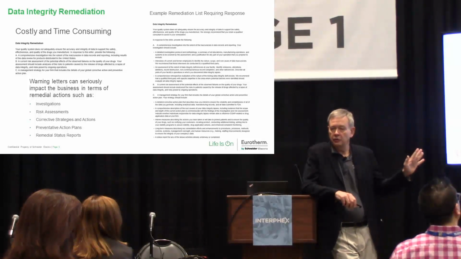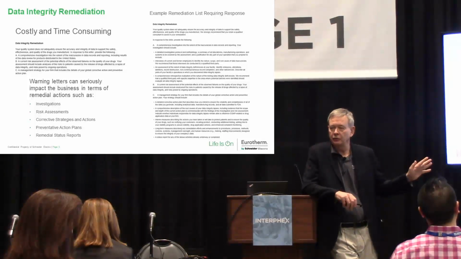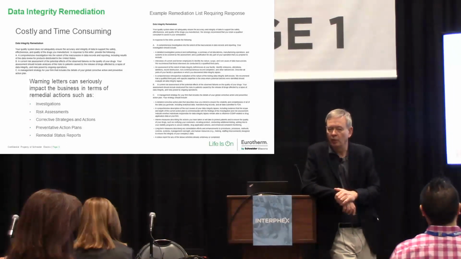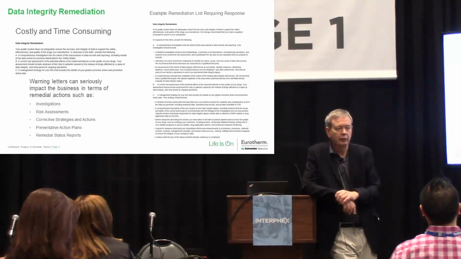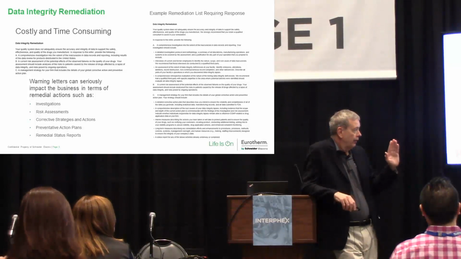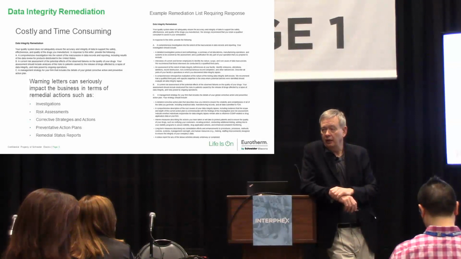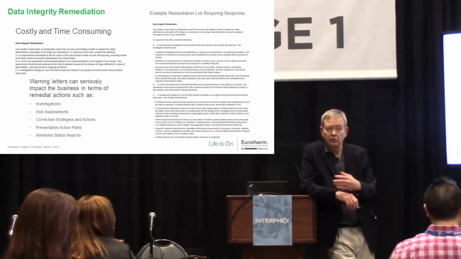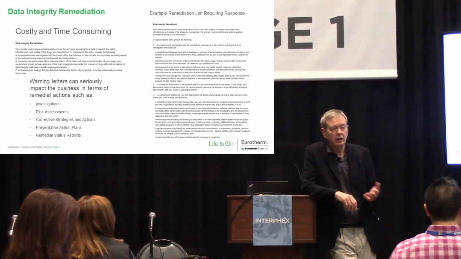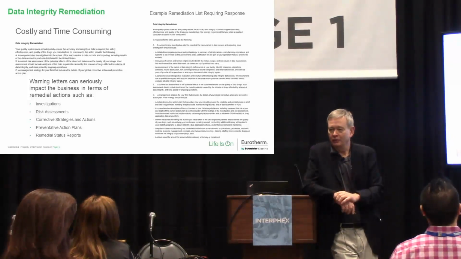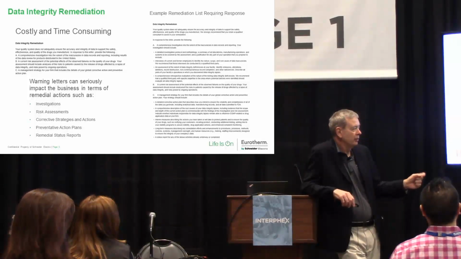And the FDA understands that the manufacturers are not the bad guys either. Everybody's trying to make good product for the most part. Sometimes we might just not have good practices. So a very important part of any 483 letter that a company might receive are the remediation actions recommended by the FDA. You can't read this, but you can download the PowerPoint sometime later if you want to from Interphex, I believe.